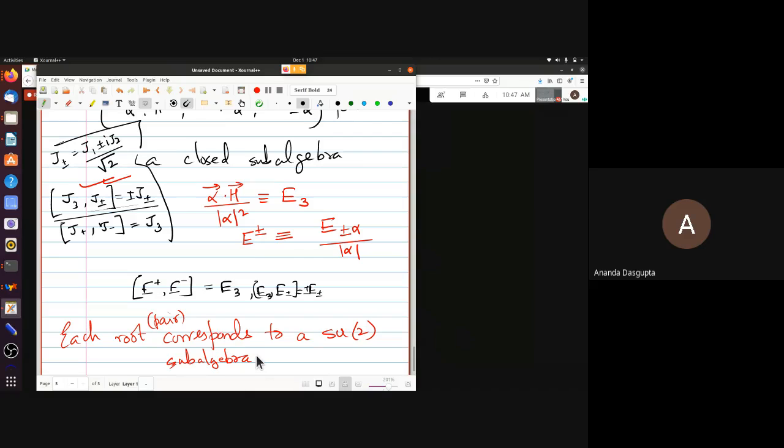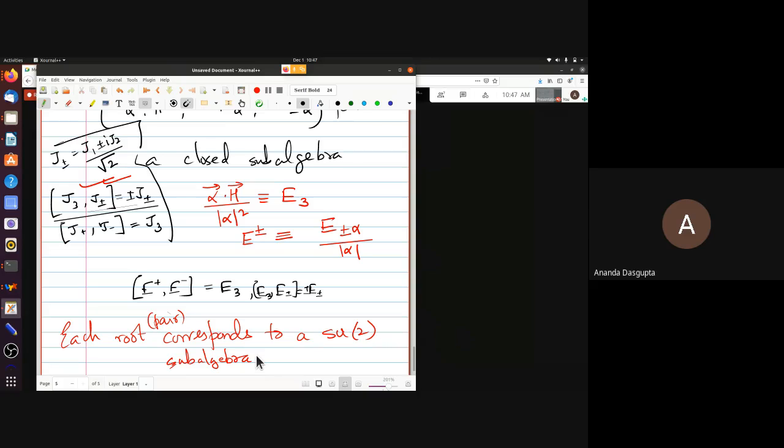This, of course, is a closed subalgebra. What we have really realized right now is that this really is an SU2 subalgebra. Okay. So there's one SU2 corresponding to every alpha, minus alpha pair.